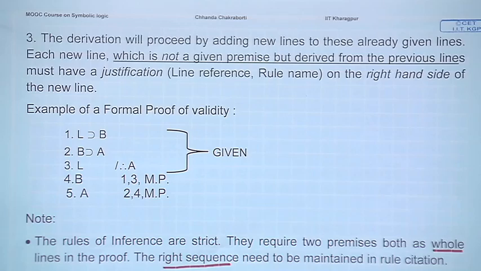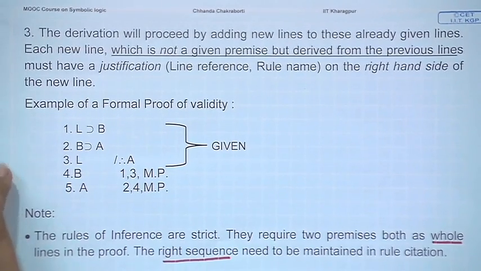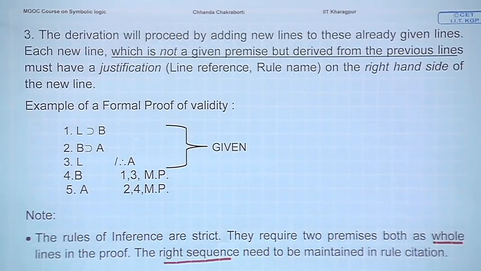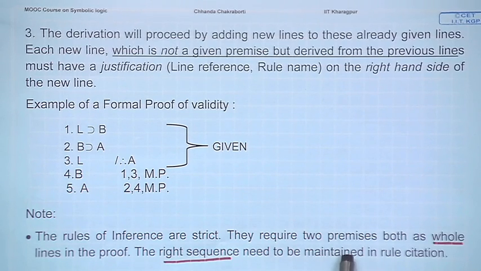I will remind you once more what I have already said: you are dealing with rules of inference, which are rather rigid and formal in nature. They require that you pay attention to them. If they say that we need 2 premises, then you need to have 2 premises as standalone statements in your proof, like here we did.